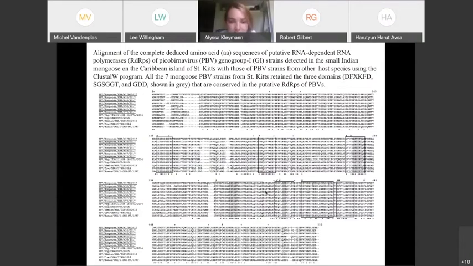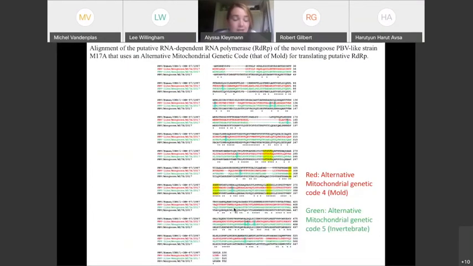And you can see how they retain the 3 domains that are conserved in PBVs, highlighted in gray. And the boxes are conserved polymerase motifs. Interestingly, 17A also shared the conserved domains highlighted in yellow, but it was shown to be able to use the alternative genetic code, that of mold, shown in red, or the alternative mitochondrial genetic code of invertebrates, shown in green.